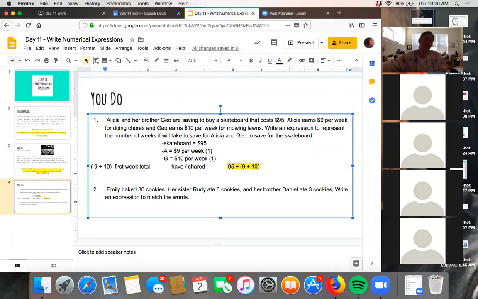So again, the first thing I would do is pull out all of my key numbers so I can see what I'm working with when creating the expression.